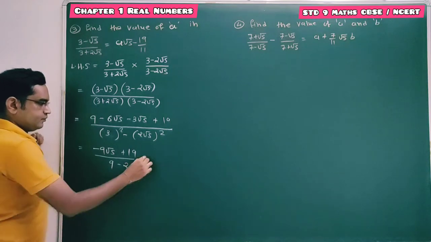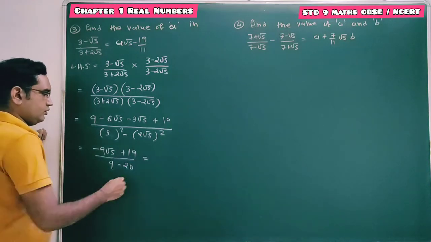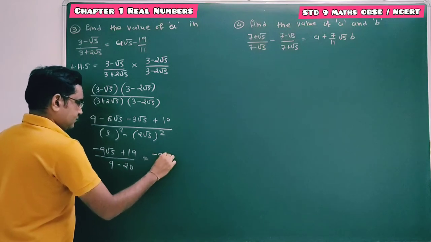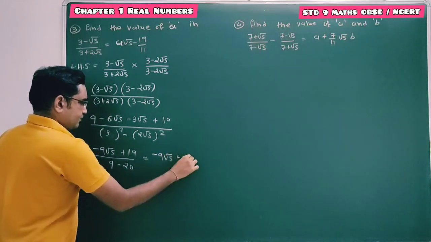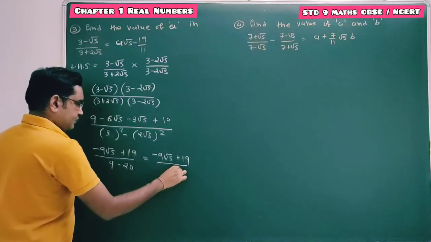So this is equal to minus 9 root 5 plus 19 divided by minus 11.